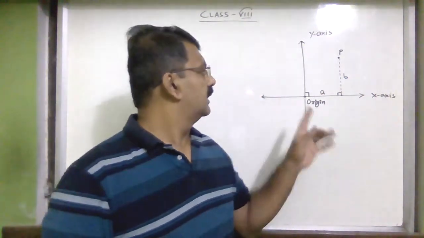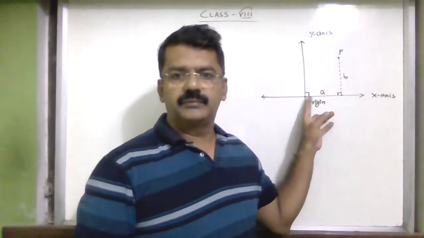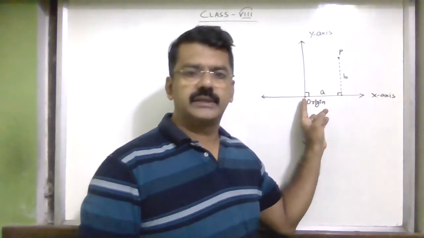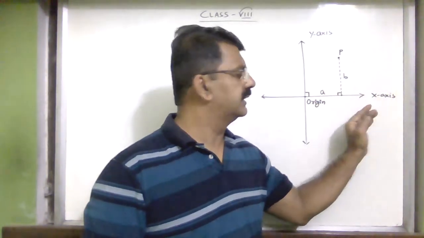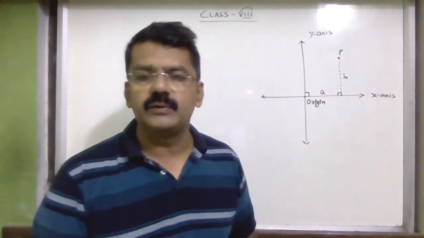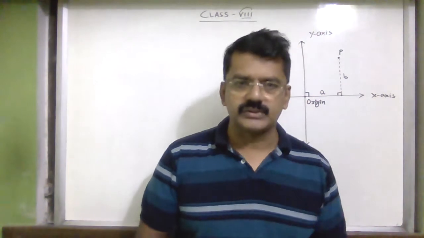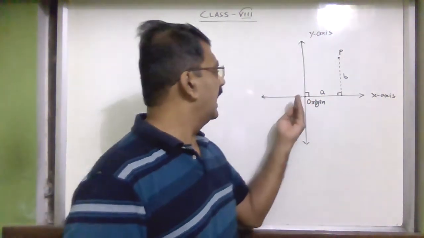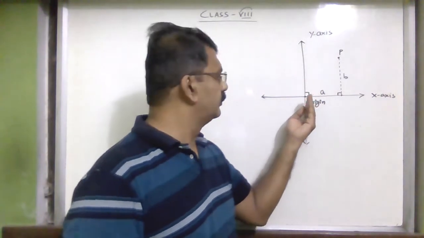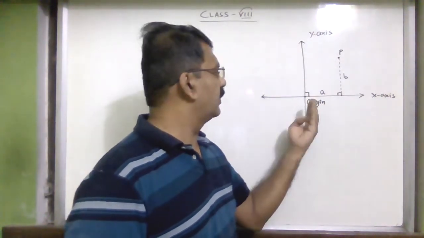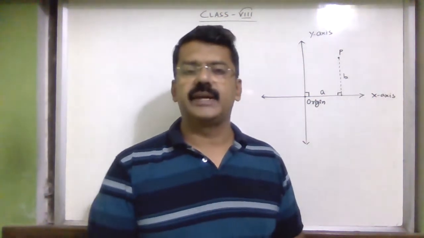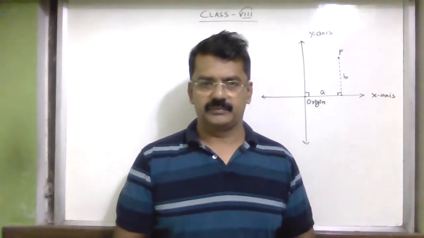Now, from the origin, if you move towards right, that distance we take as positive. And from the origin, if you move towards left, then that distance we take as negative.